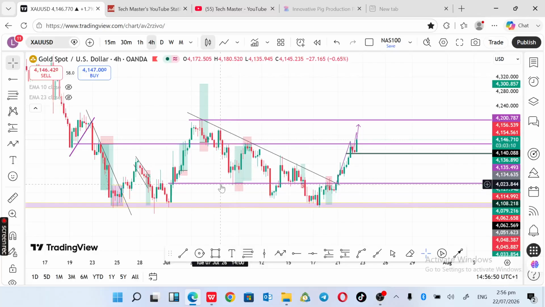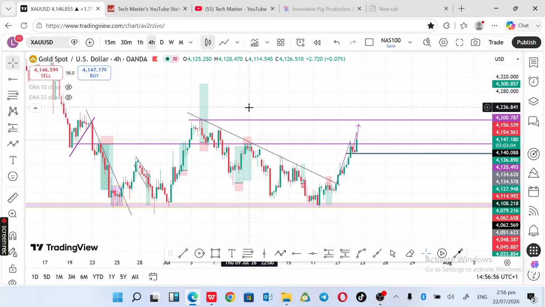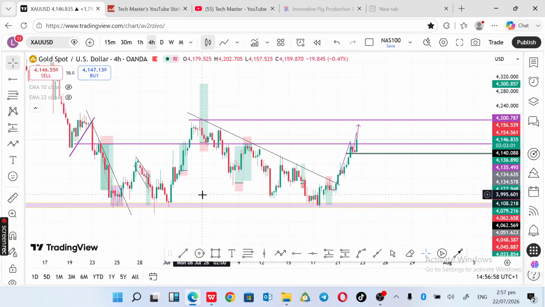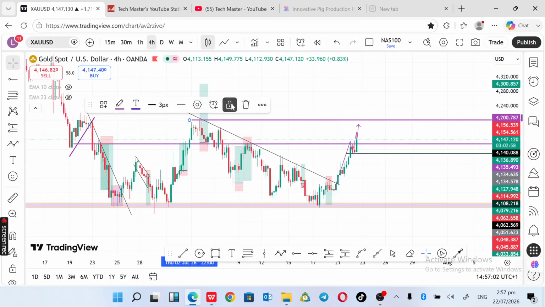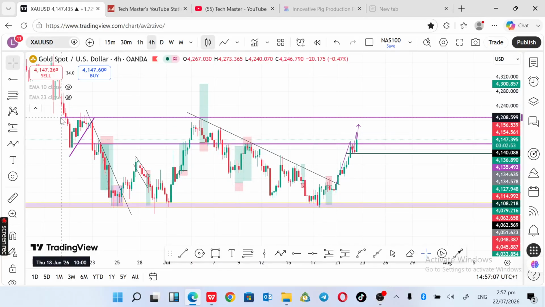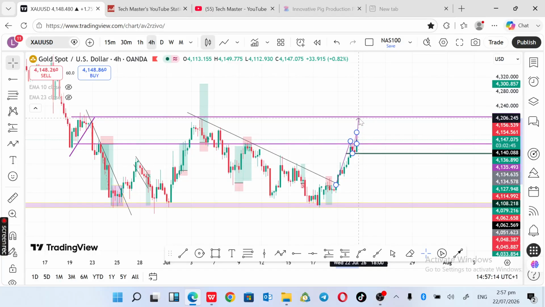We have another level here, but this is a minus zone. So this is where we have the actual level, and this is also another major level where we expect a retracement or something to happen, maybe somewhere here.